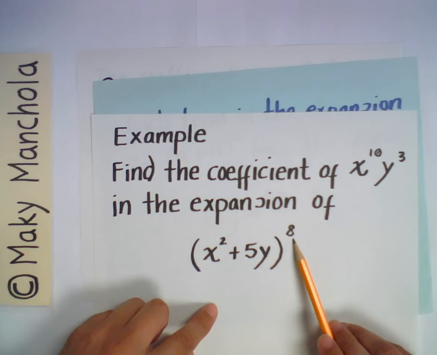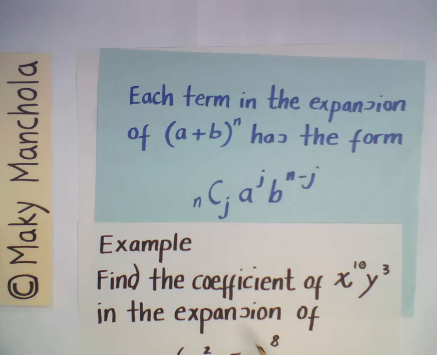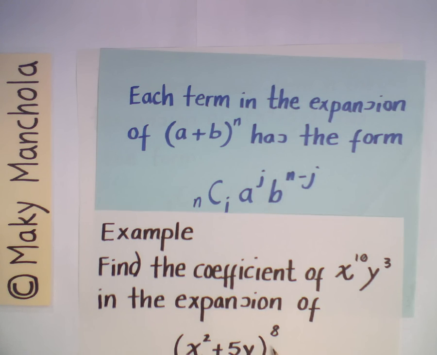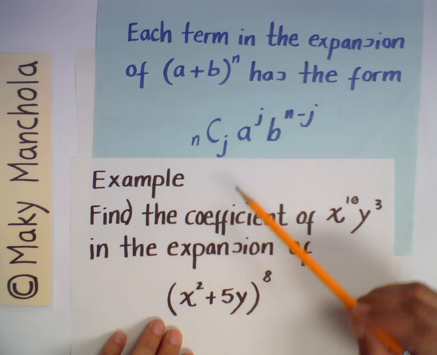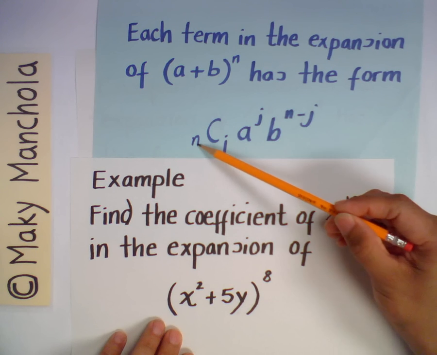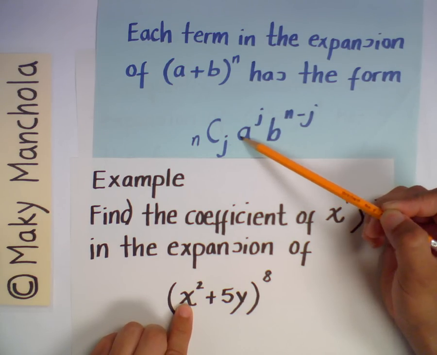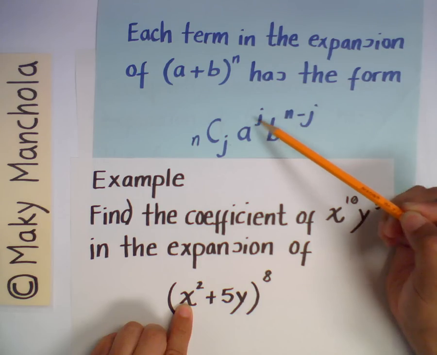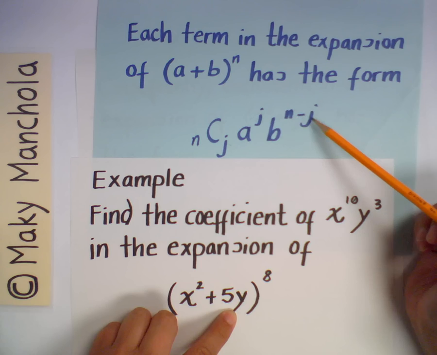8 choose j. We're now replacing the corresponding quantities of our problem. For n we'll have 8 choose j. For a we use x squared, so that will be x squared to the j, and for b we use 5y, so 5y raised to the 8 minus j.